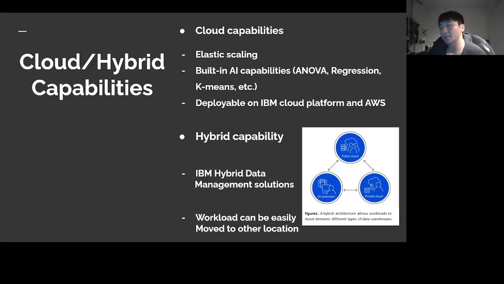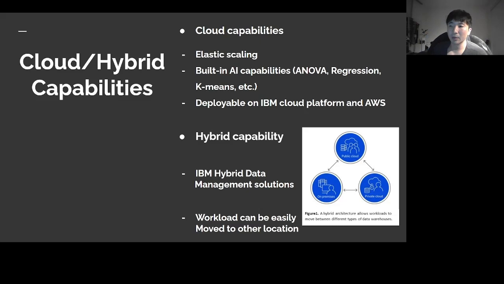Users can customize storage and computing capacity of their data warehouse as they want. And secondly, it can directly build a variety of machine learning models, such as ANOVA, regression, and K-means, etc., without moving the data.